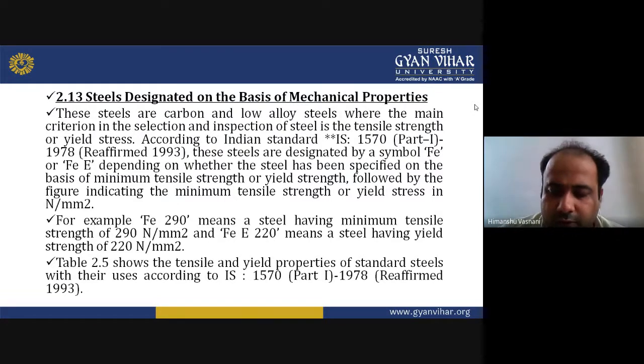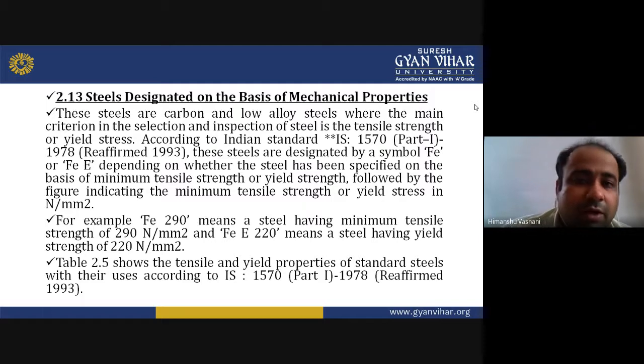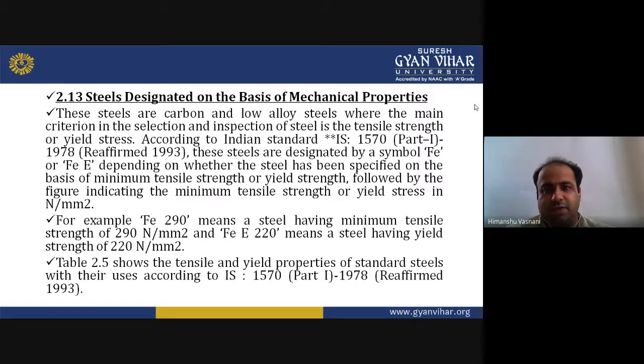Now you're talking about the mechanical properties. These steels are carbon and alloy and low alloy steels, where the main criterion in the selection and inspection of the steel is the tensile strength or yield strength.